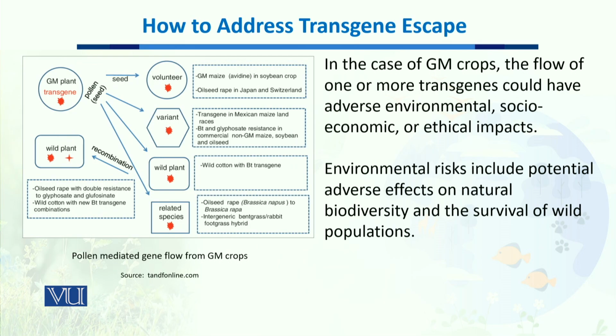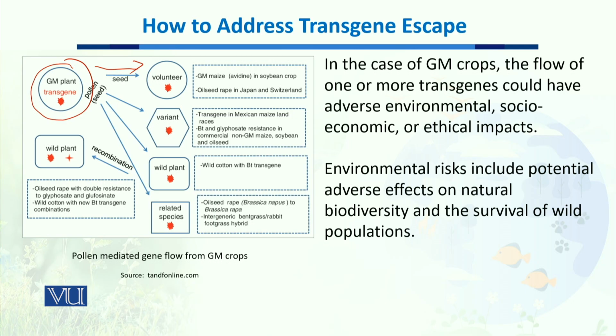Now, in another example, you can see here that we have some genetically modified plant which has a transgene, meaning a gene which is taken from outside that species. Normally, if they are grown in a field, there are likely chances that their seeds can be mixed with some other species.